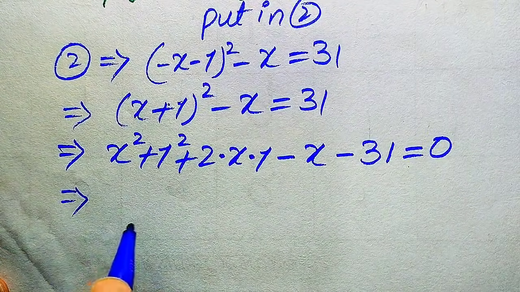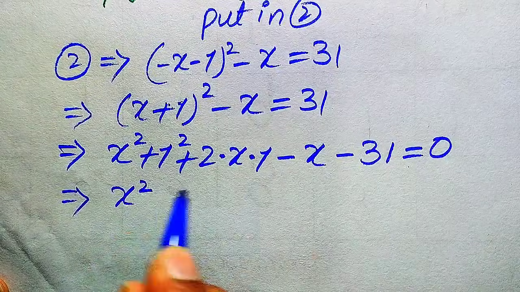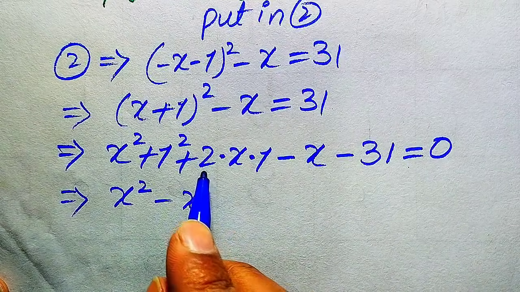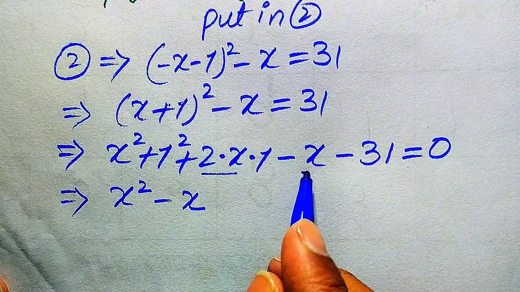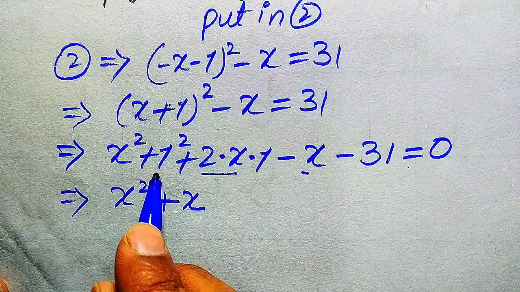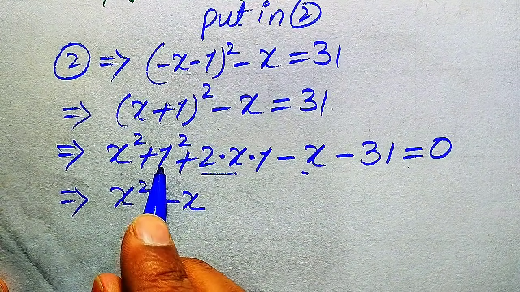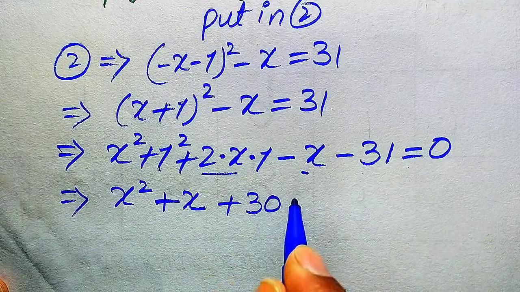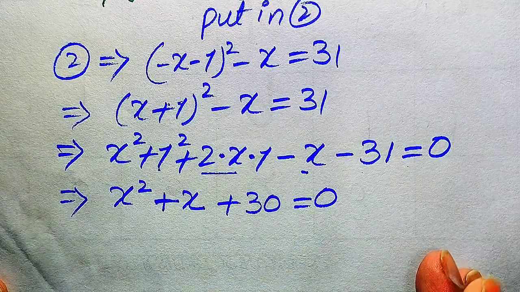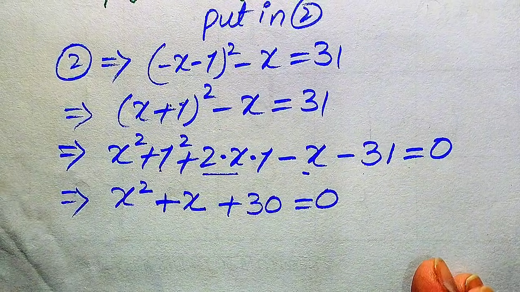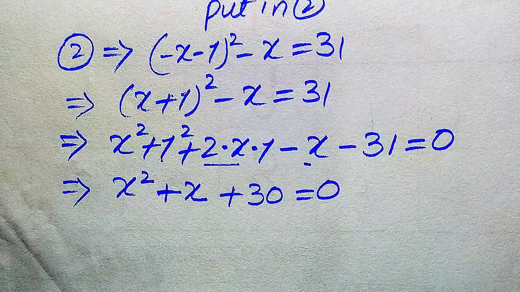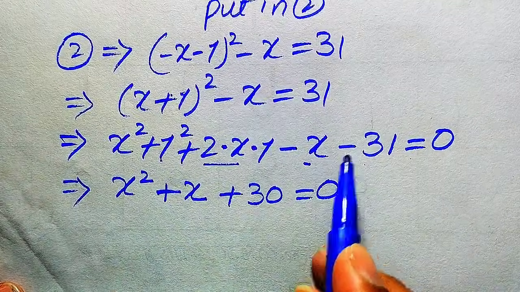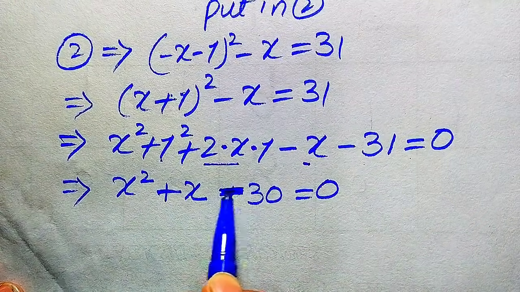So here we need more simplification, and it will be written as x square minus x, and here we have 2x, and minus x becomes plus x, and this 1 square becomes 1 minus 31, becomes plus 30, and this whole equation is equals to 0. Further in the next step, we have a little mistake: 1 minus 31 becomes minus 30.